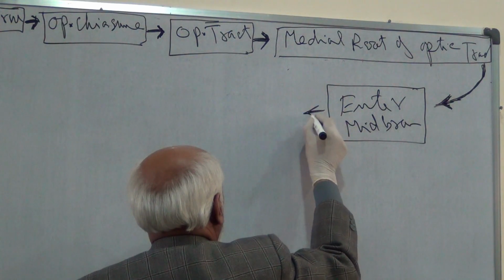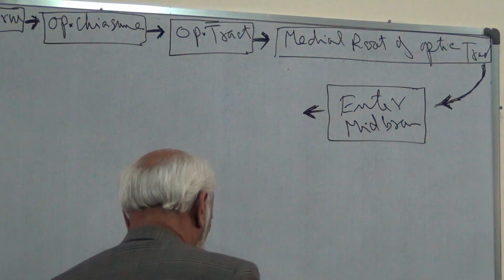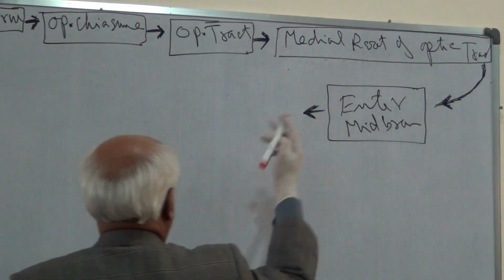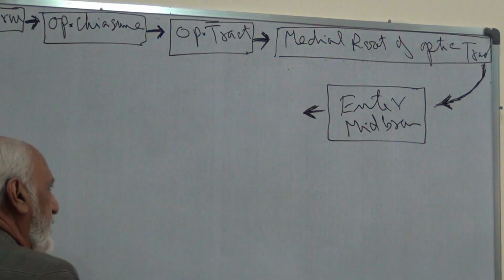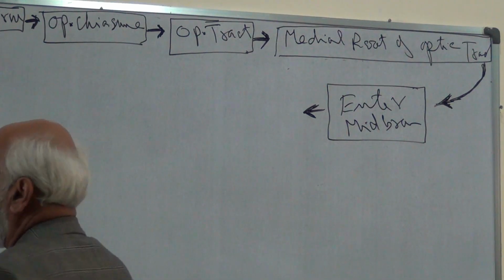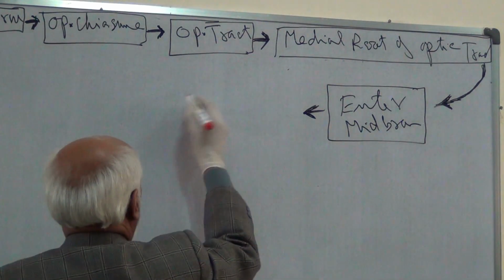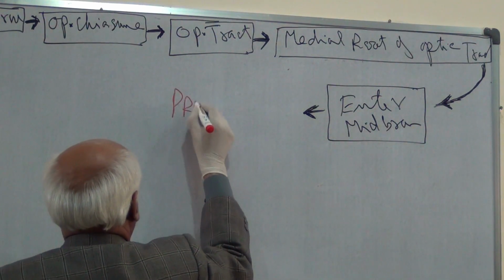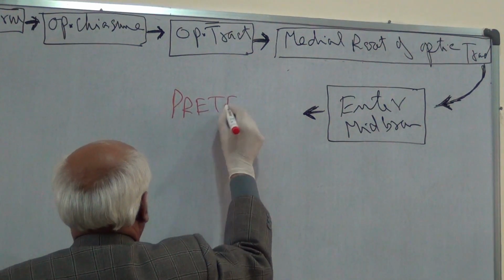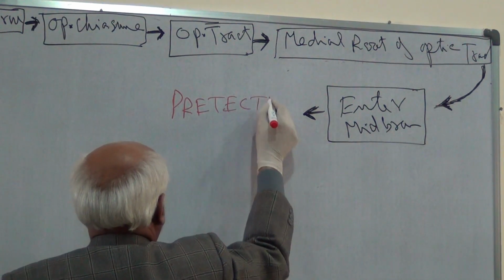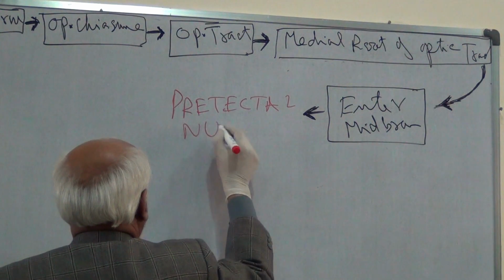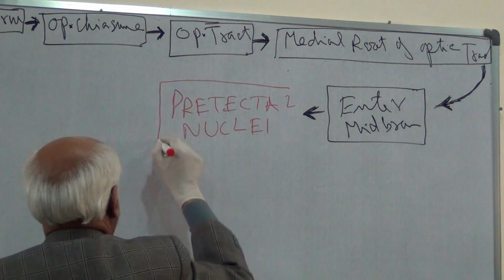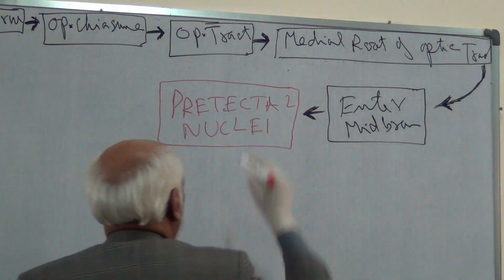In the midbrain, these fibers relay in the pretectal nuclei at the level of the superior colliculus, anterolateral to the nuclei of the superior colliculus, as I have explained in the sectional diagram. So they relay in the pretectal nuclei of both sides.